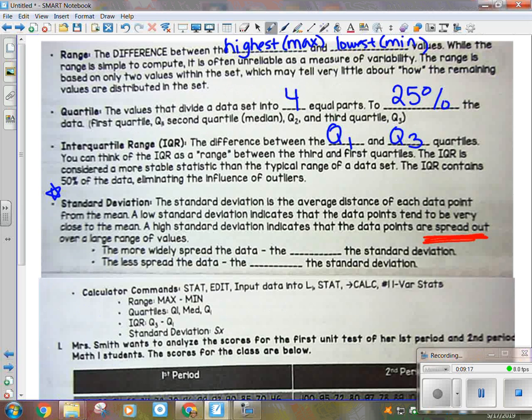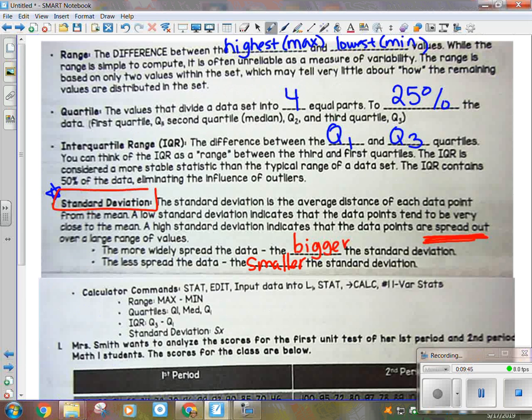How widely spread is this data? That is what we call standard deviation. They may not say how widely spread; they may say what is the standard deviation, but that's what they're talking about. So the more widely spread, the bigger the standard deviation. The less the data is spread, the smaller the standard deviation.